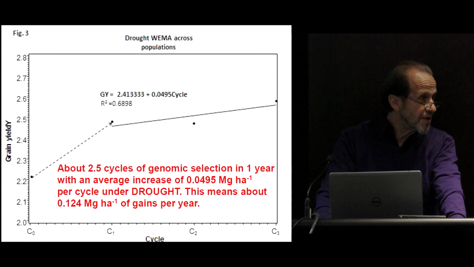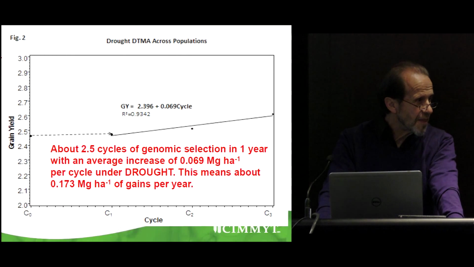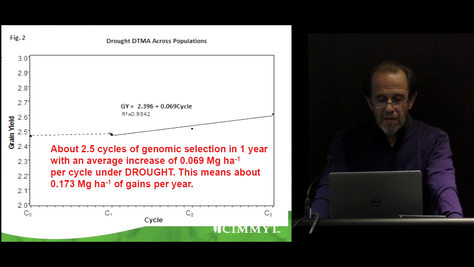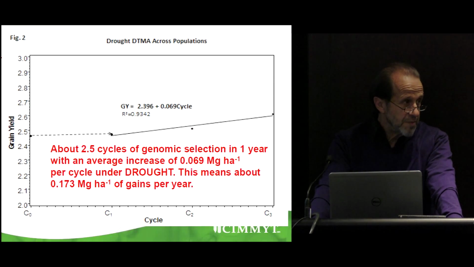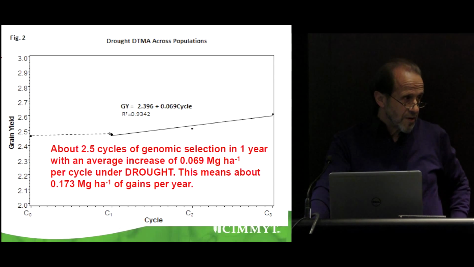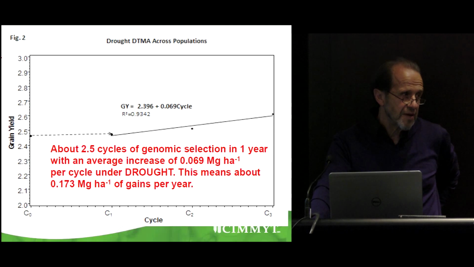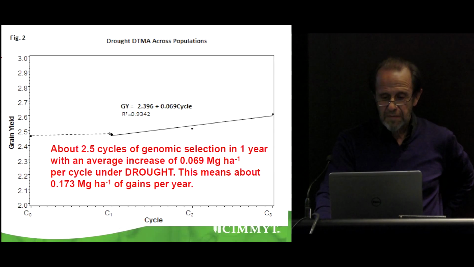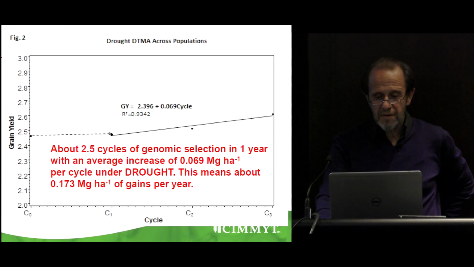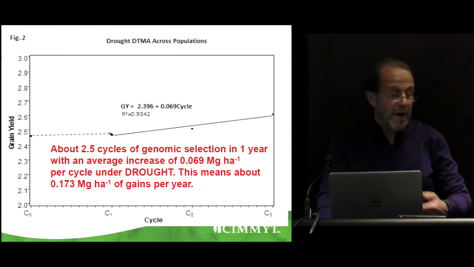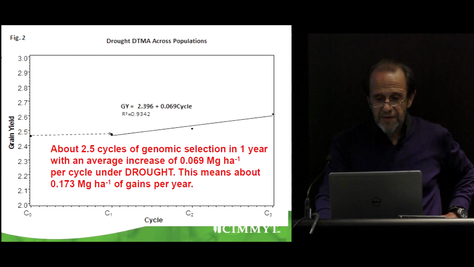This is for 5. Saying the phenotypic selection would have better gains? Genomic selection will be better per unit of time. Per year, not per cycle. Per cycle, no. But per year, per unit of time, yes. Because you divide this by how many years there are.